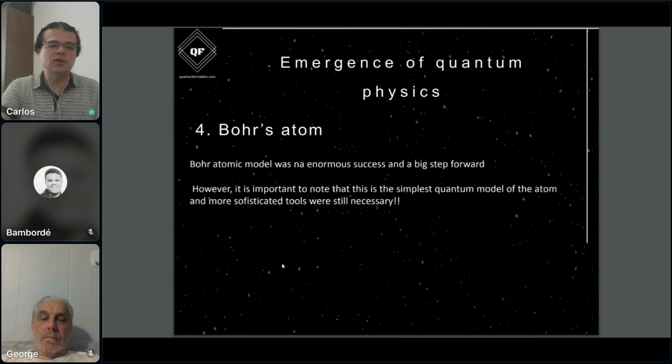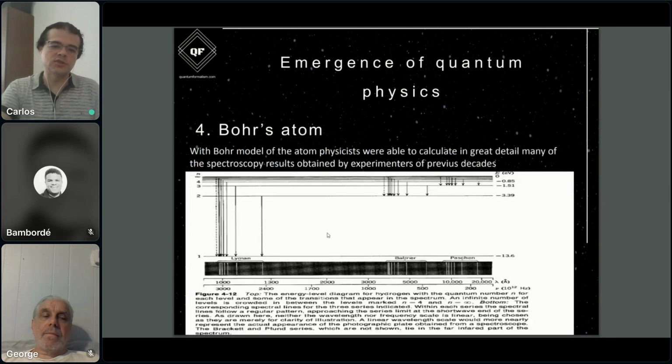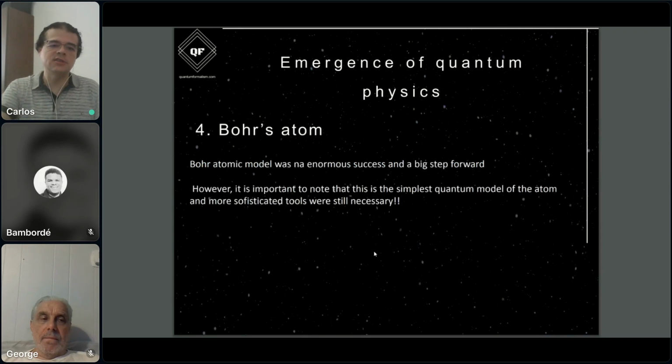which is a great success, because the Bohr atomic model was an enormous success and a big step forward. Remember, after that, when we have the Schrödinger equation, Schrödinger can also show this with more detail. But I mean, we are in 1913, more than 10 years before Schrödinger's ideas, and that's why this is an enormous success.